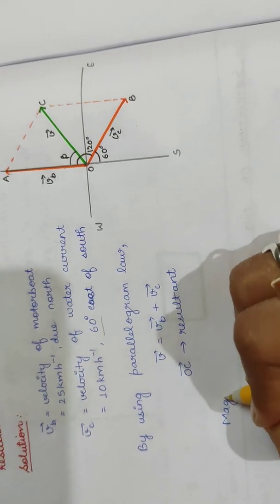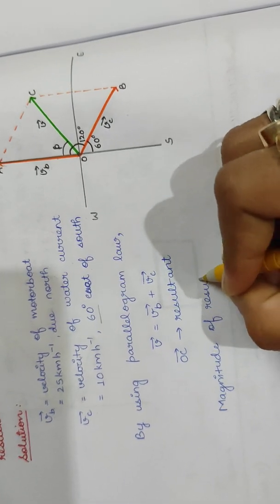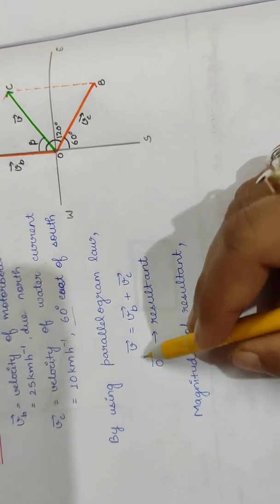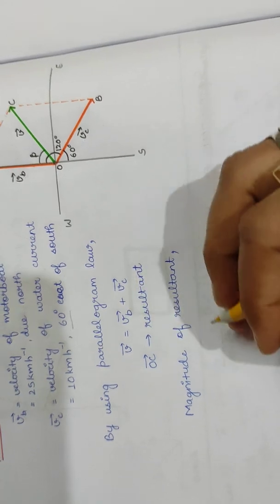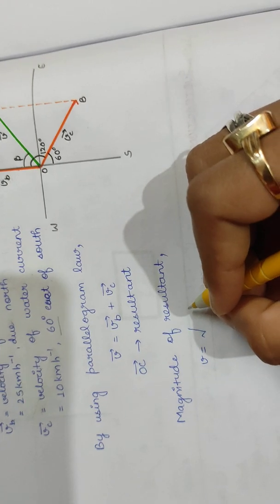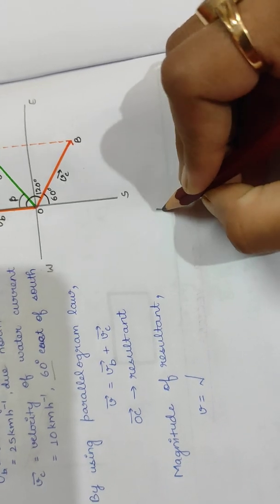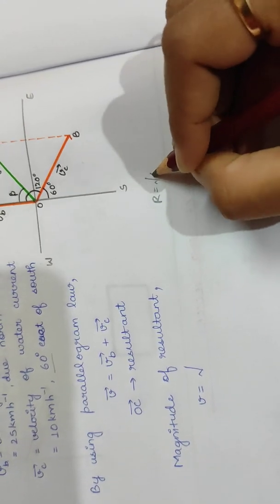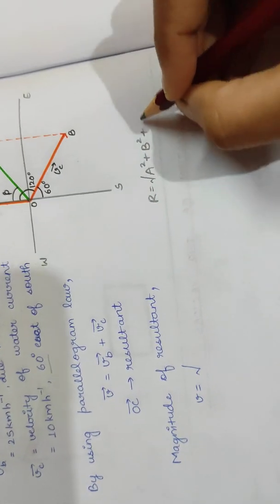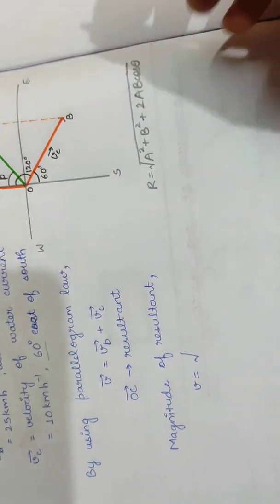So the magnitude of resultant, here the resultant is vector V, so we can write that its magnitude is given by V is equal to under root of, by analytical method, R is equal to under root of, let us suppose A and B are two vectors, A square plus B square plus 2AB cos theta.